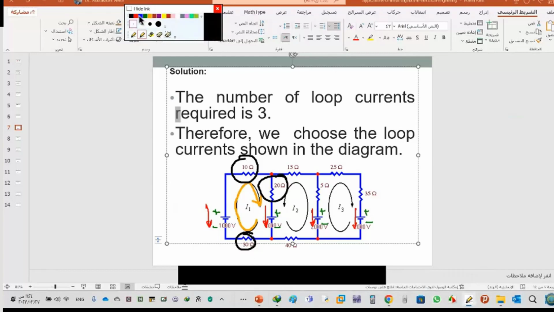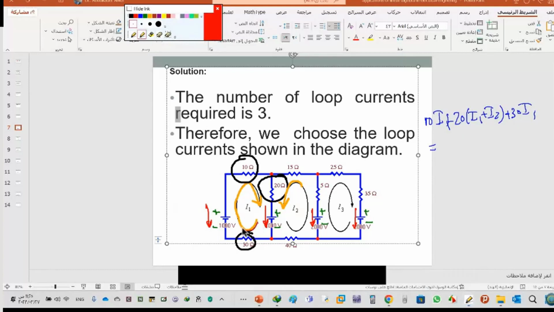So it's right for I1. I1 is 10 with I1 positive. For 20 we have I1 and I2 in the same direction. So it's right for this one. 20 I1 positive I2. For I3 we have plus 30 I1 equal. Okay, let's go with this one.